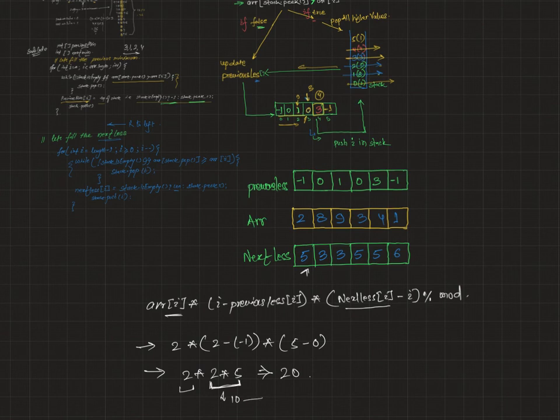So 10 subarrays. If you see, it will be 2, then 2 8, then 2 8 9, and then 2 8 9 3. So 1 2 3 4, and 2 8 9 3 4 5. So these are the 5 arrays, and the minimum value is 2 in each one. So that's all.